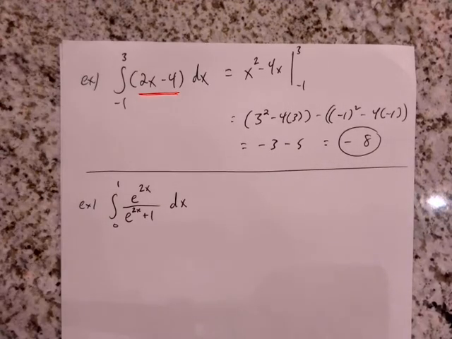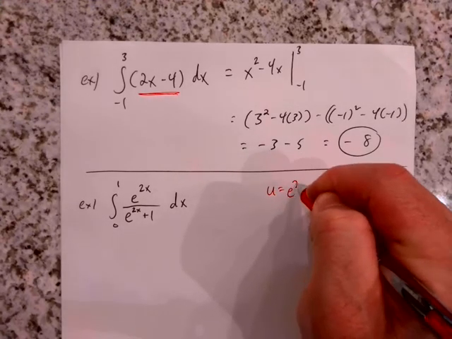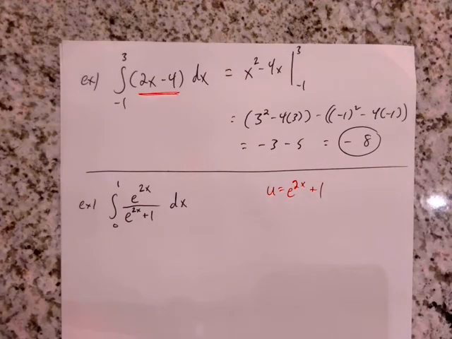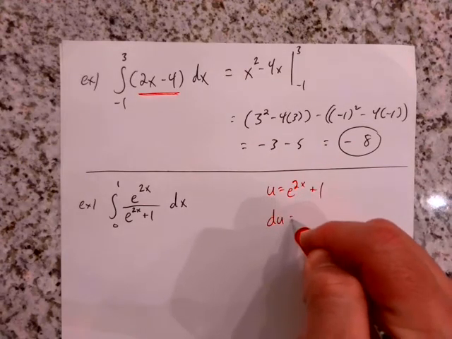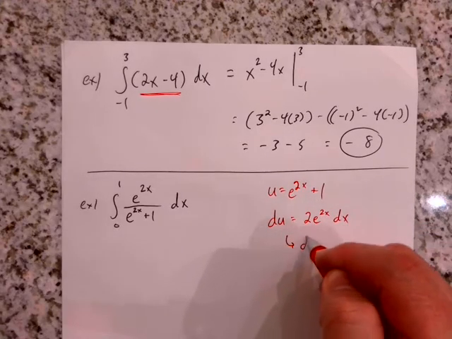Okay, now you've given that one a try. So this one's going to need u substitution, because it's not straightforward. So we have a fraction, a rational expression, and as is often the case, we let the bottom be u. Then we find du, and we solve that for dx.